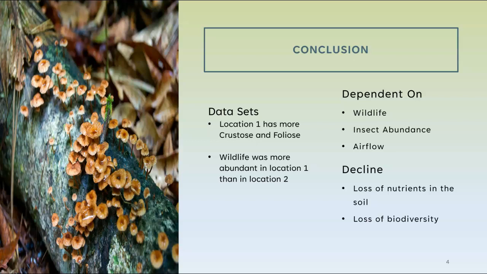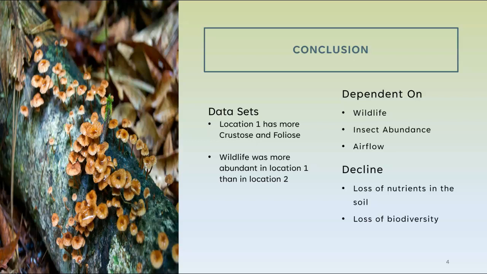And the reason that I say that is because in location 1, you can see that the bare surfaces on the trees had more of the bark removed than in location 2. So the bare surfaces in location 2 weren't due to bark removal from wildlife, but it was actually just more that the species was not growing in that area.